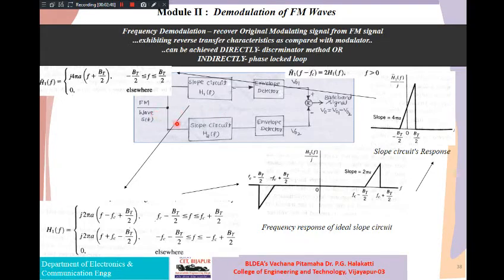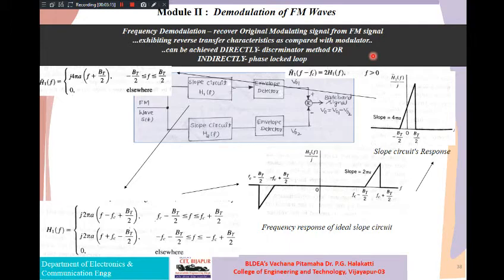Surely that should be exactly reverse or opposite to the system transfer function that we use while doing the frequency modulation. Our demodulating system should exhibit reverse transfer characteristics compared with that of the frequency modulator.